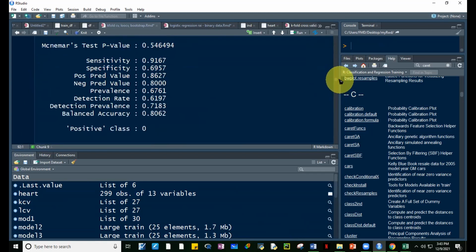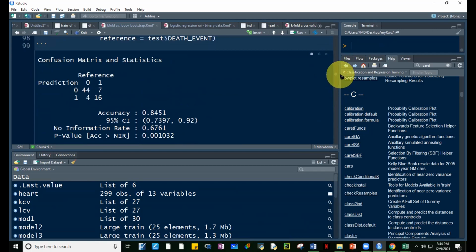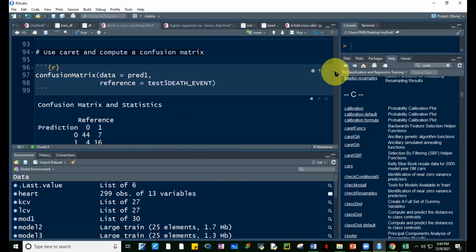Okay, so it gives us more information as compared to yung kinompute lang natin yung table and then inadd lang natin yung diagonals. Okay, so that's very incomplete compared to this one, the confusion matrix coming from the caret package.